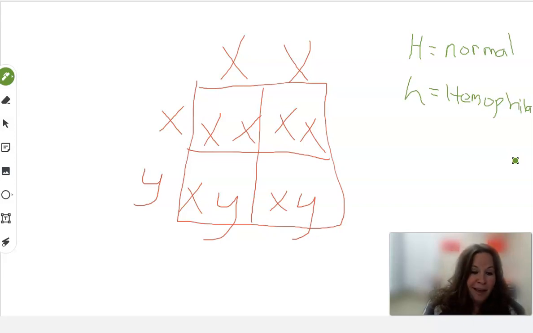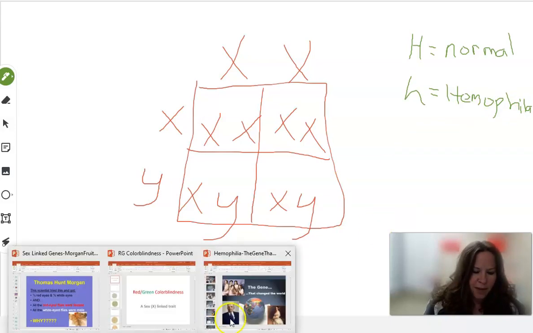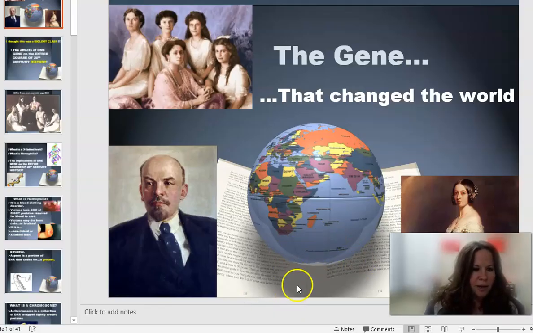Back in the day, in ancient times, people would die of this quite readily. But today, you can get a shot of the proteins, the clotting factors, if you need to, and be just fine. You might recognize a famous family in history where this was the case.